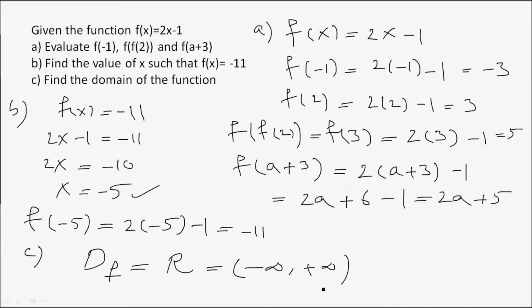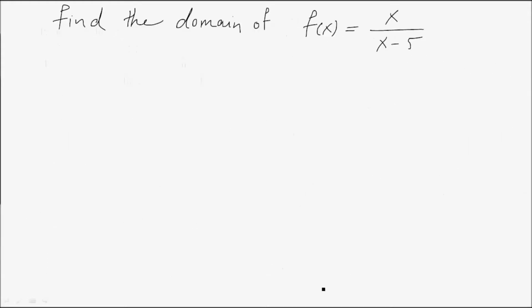Another example. Find the domain of this function, f of x equals x over x minus 5. So before we find the domain, let's check what kind of values I can input to this function. For example, can I input 1 to this function?